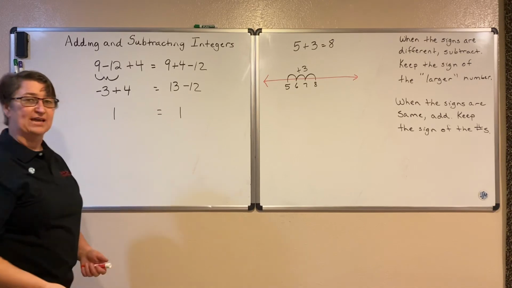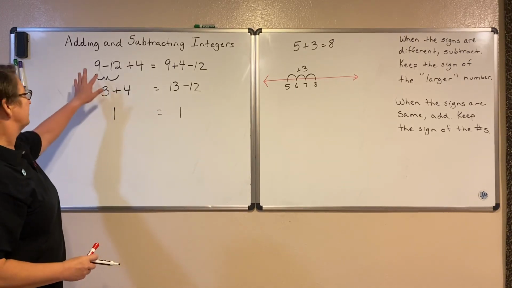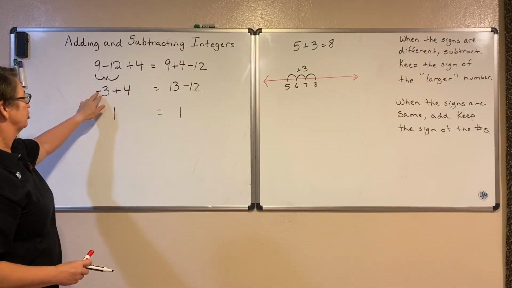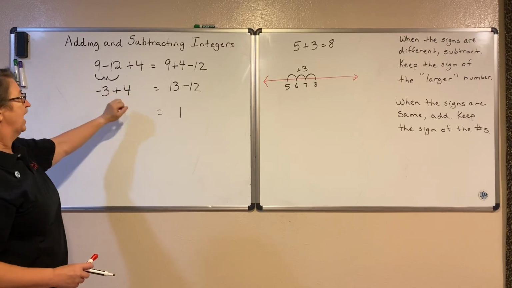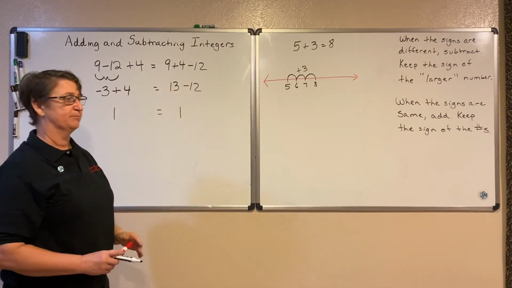Notice that in both cases, I ended up with the same number. So when their signs are different, subtract and keep the sign of the larger number. But when the signs are the same, you just add and keep their sign.